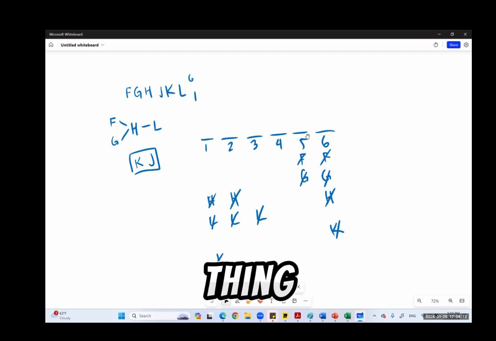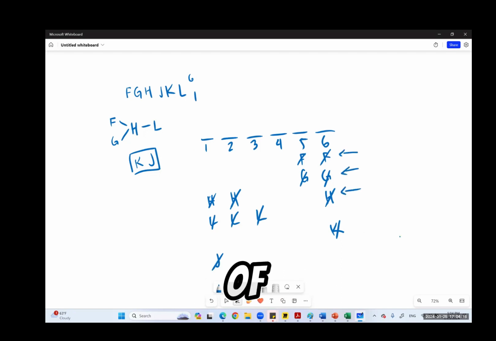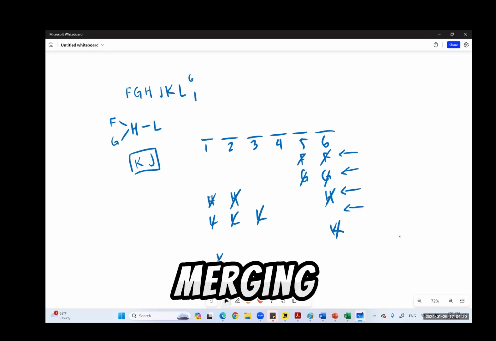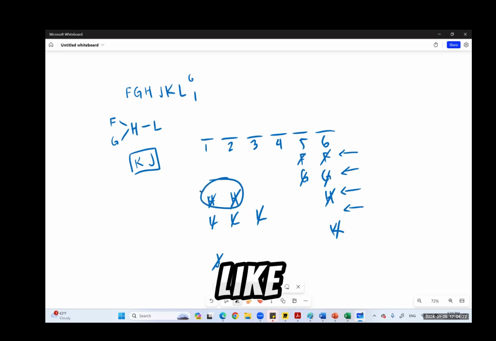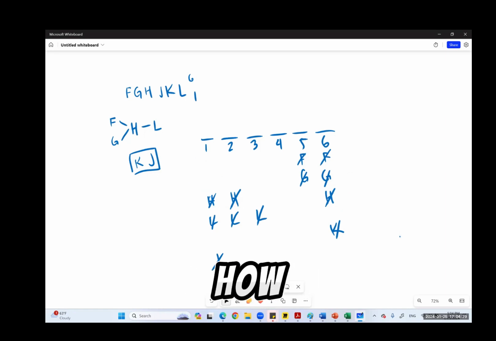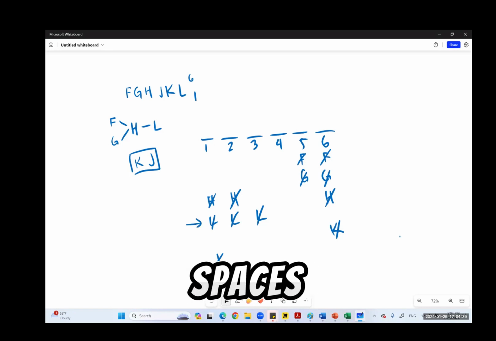And also another thing to notice here is I have a separate row for each of these entities. I'm not merging these together. Notice how I didn't place H up here along with F, even though I easily could have. The reason for that is because by having these distinct rows, it's very easy for me to tell which entities are restricted, which ones are not, right? So for example, it's very easy for me to see, oh, L is crossed off from 3 spaces.